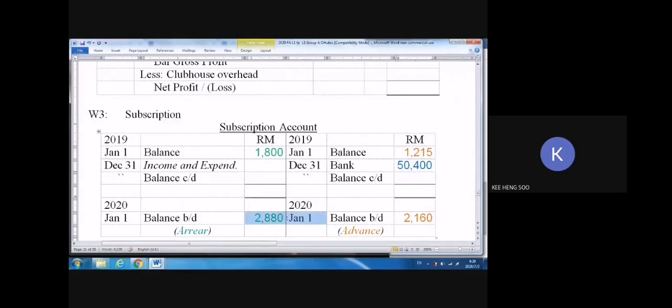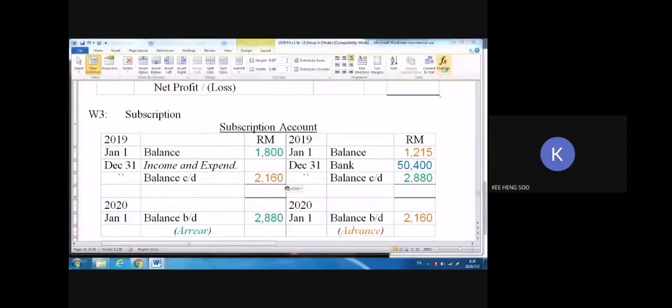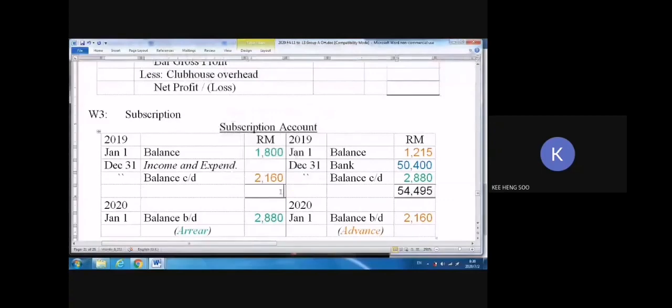Okay, because I want you to know that this carry down will be here. So you tell me what's your income expenditure. Not difficult, am I right? So just tell me what's the income expenditure.